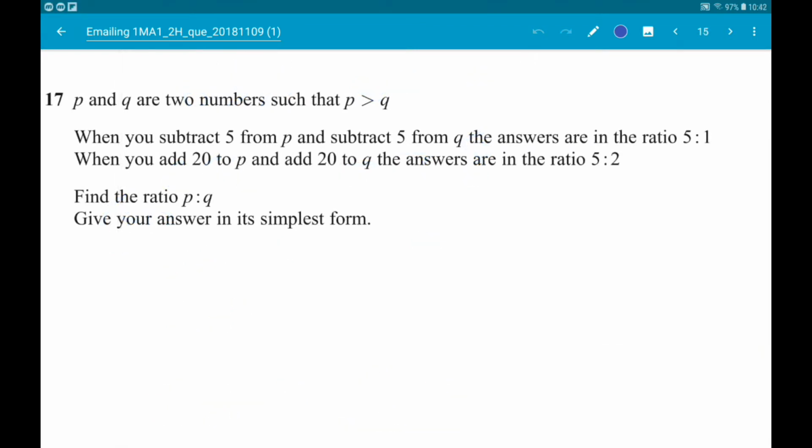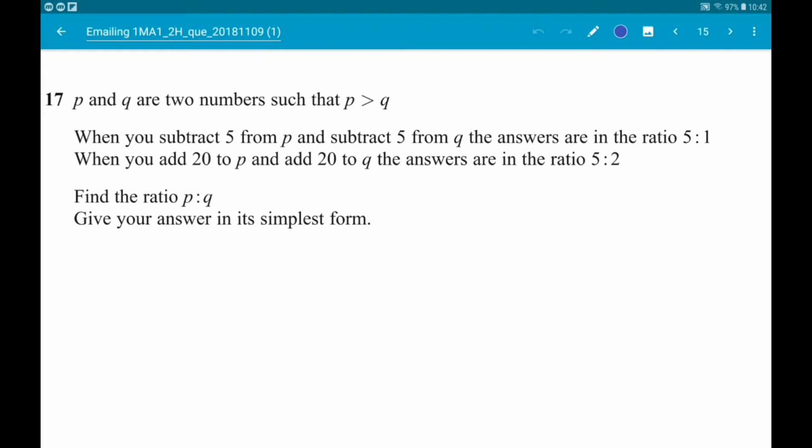Number 17, so a really nice looking 5-mark ratio question, which I think is also going to need simultaneous equations. So, P and Q are two numbers such that P is greater than Q. When you subtract 5 from P and subtract 5 from Q, the answers are in the ratio 5 to 1.